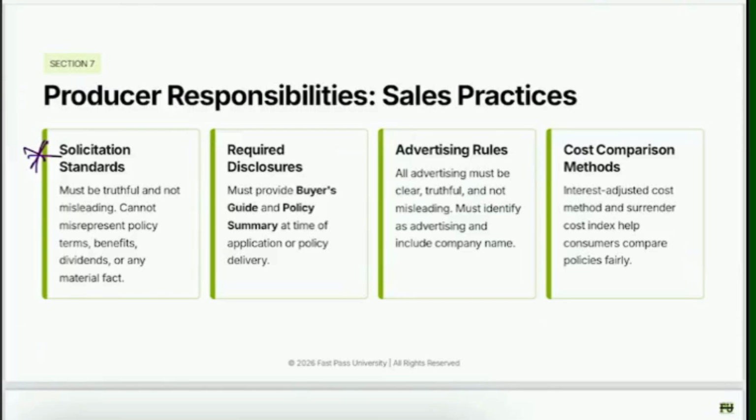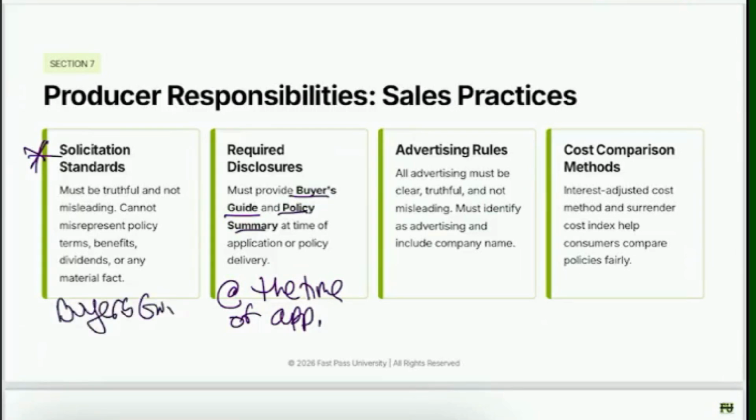You must give a buyer's guide and policy summary at the time of application for the buyer's guide. Sorry. The buyer's guide is kind of like your brochure. This is the policy that we're looking at selling to, right?